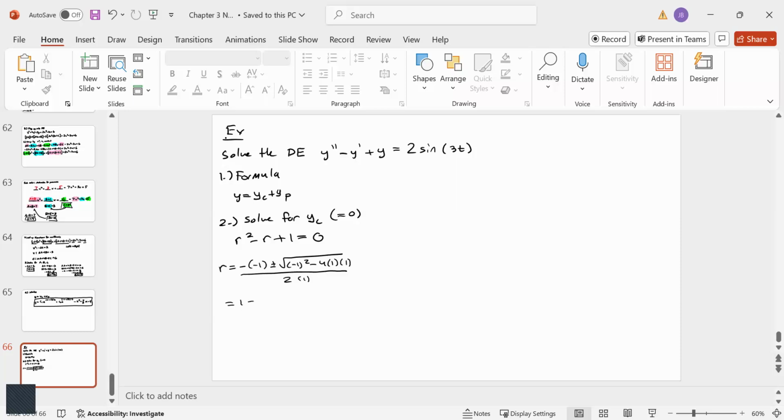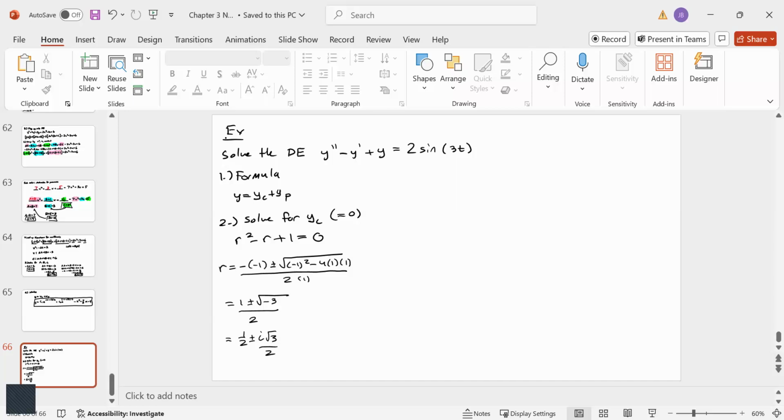And so we get 1 plus or minus the square root of 1 minus 4, so negative 3, all over 2. And so we get 1 half plus or minus i square root 3 over 2, right? It's not uncommon to have radicals specifically with sine and cosine because they happen from time to time. So not the end of the world with sine and cosine.